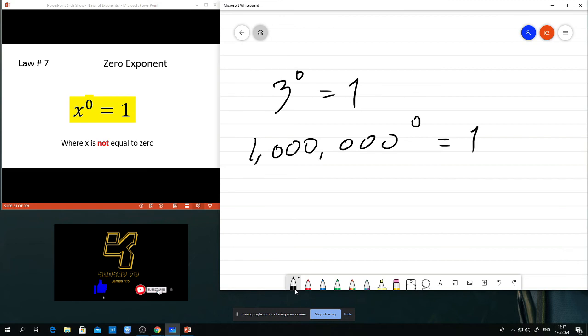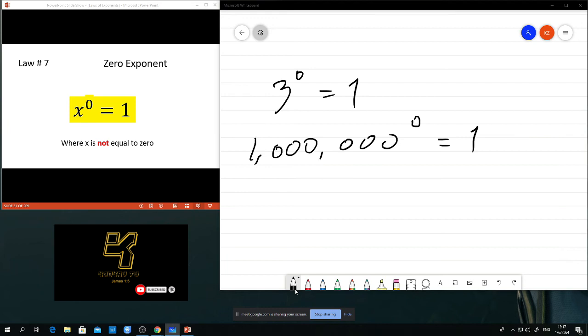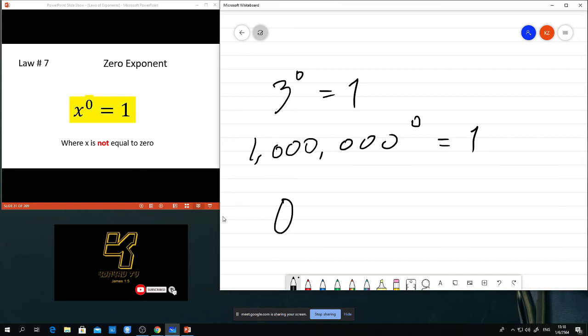Any number with an exponent of 0 equals 1. Where x is not equal to 0 means 0 to the power of 0, so do not think that this is 1. It's not correct. Any number, we can use any number. Power of 0 equals 1. All right, so that's the zero exponent.